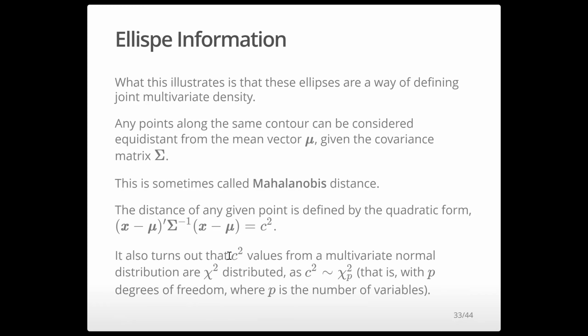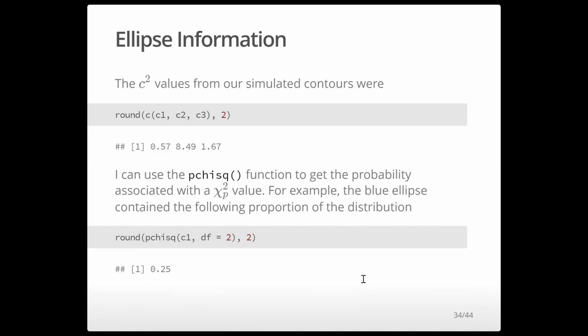It also turns out that c squared, the constant distance in its quadratic form, is distributed chi-square with p degrees of freedom, where p is the number of variables, which is a convenient result. So we can see that the c squared values from our simulated contours were 0.57, 8.49, 1.67. So I can actually use the p chi-square function to get the probability associated with the chi-square value of each of these.